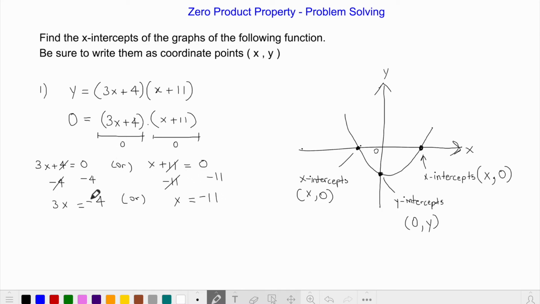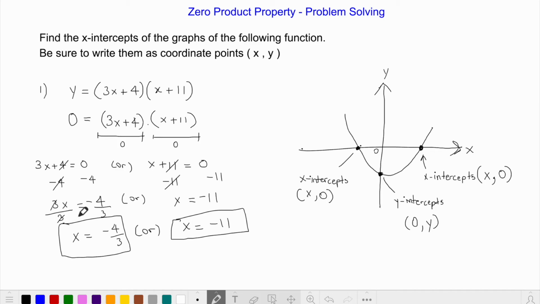And here we have 3, so you have to divide by 3 on both sides, and then x is equal to negative 4 by 3, or x is equal to negative 11. So we got it. These are the 2 points of x-intercepts.